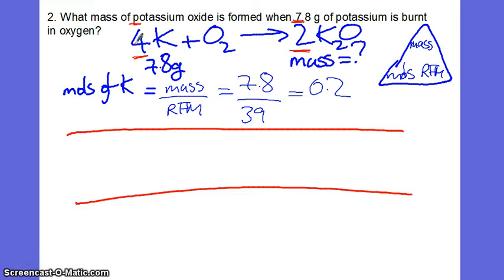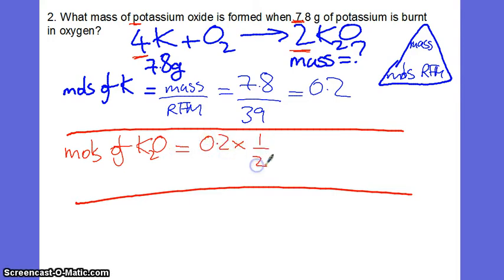I'm halving the number of moles of potassium to get the moles of potassium oxide. So moles of K2O is 0.2 times a half, which gives us 0.1.